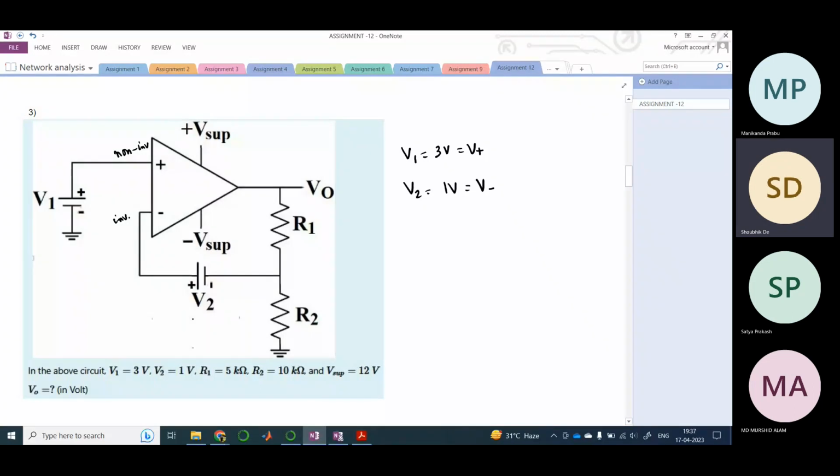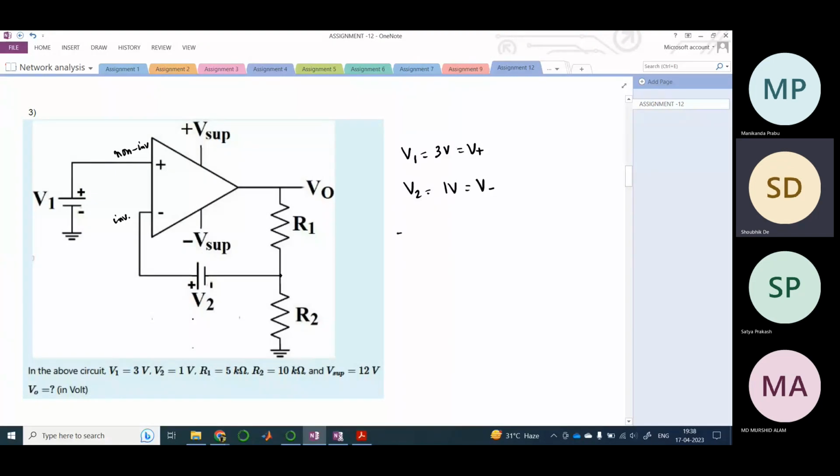Ideally, what would happen is that minus V2 would appear at this point, but minus V2 won't appear. Why? Because at the non-inverting terminal we are applying a voltage of V1, and here it is V2.